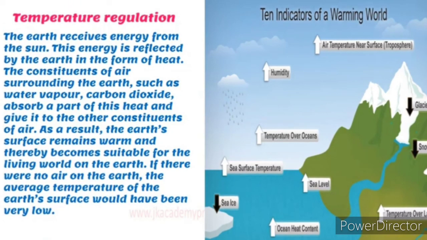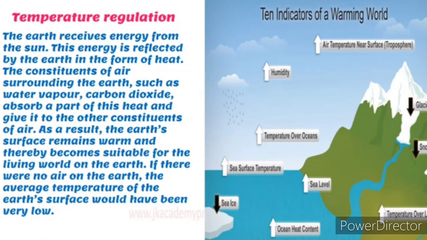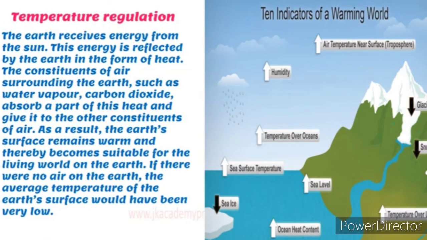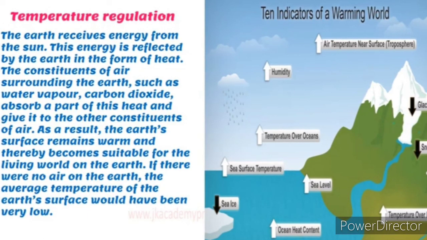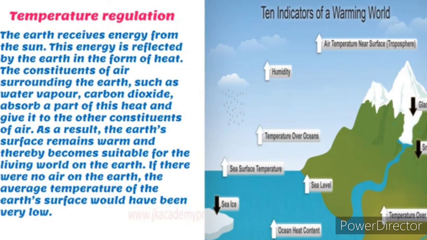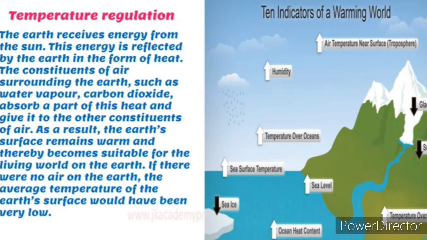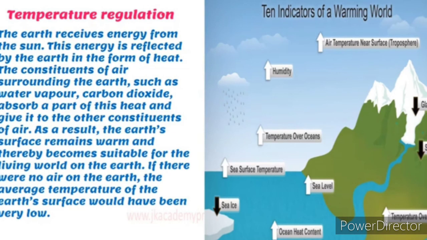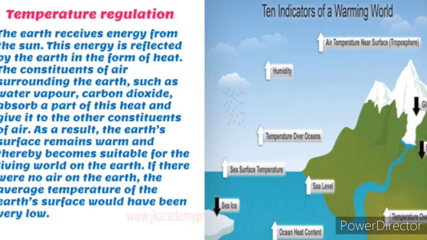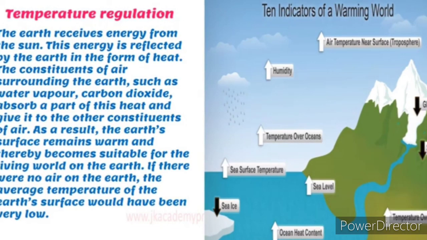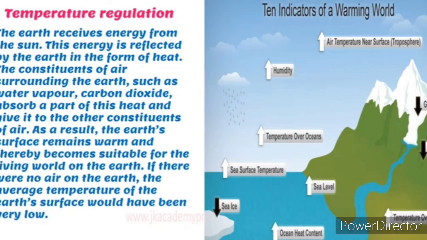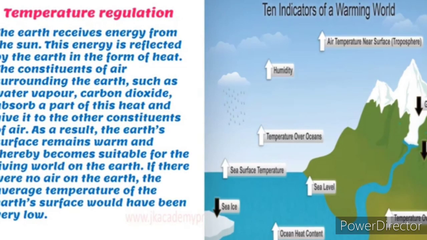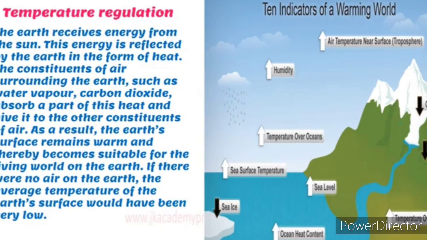As a result the earth's surface remains warm and thereby becomes suitable for all the living world on the earth. Means energy and heat are necessary for all living things. If there were no air on the earth, the average temperature of the earth's surface would become very low. So heat energy is transferred.